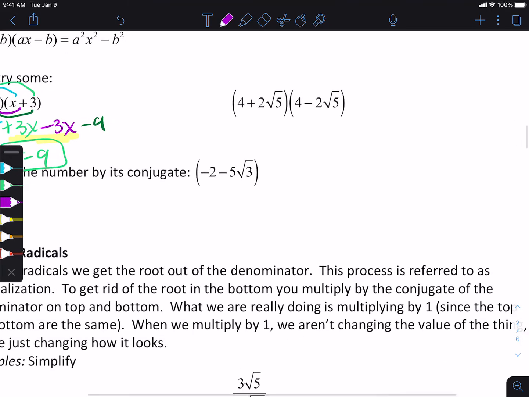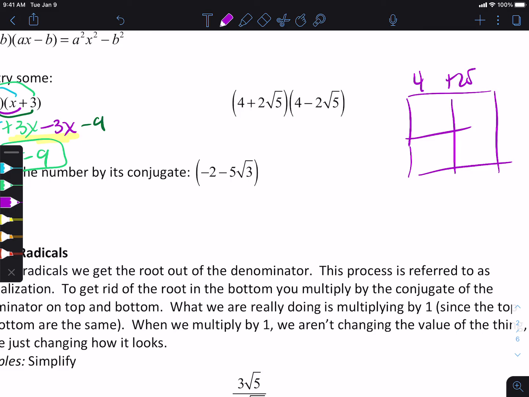If we look at our next one, I'll do this one in a box. We've got 4 plus 2 root 5 and 4 minus 2 root 5. So we've got 4 times 4 is 16. The 4 times the 2 root 5, the 4 times the 2 multiply to 8, and then we keep the root 5.